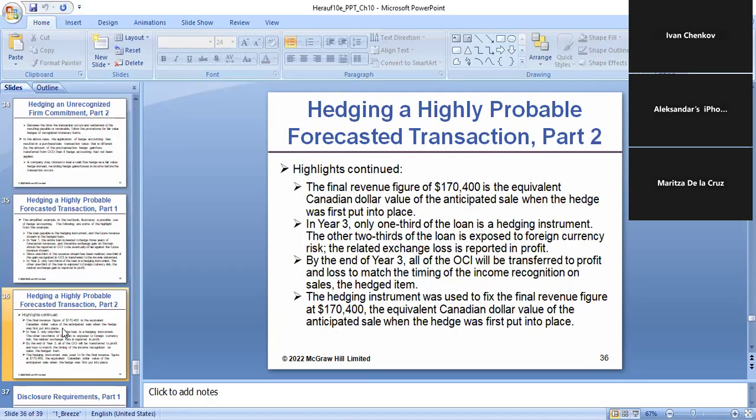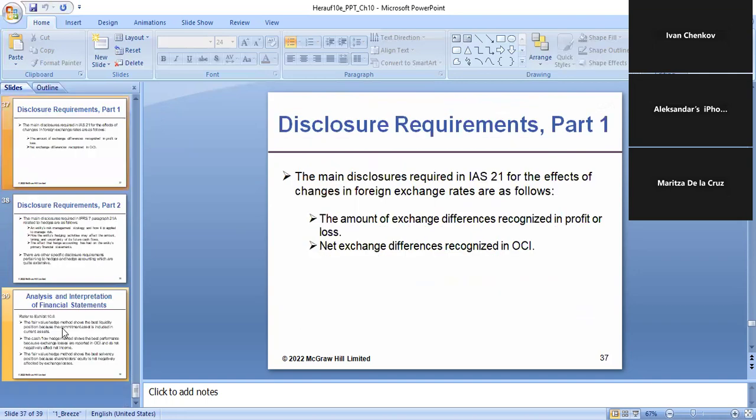Now, I'm not going to torture you on the hedges. Don't get me wrong, but I want you to know the hedges. Hedging is offsetting the risk of fluctuation of either commodity price, interest rate, or foreign exchange rate, all those three.